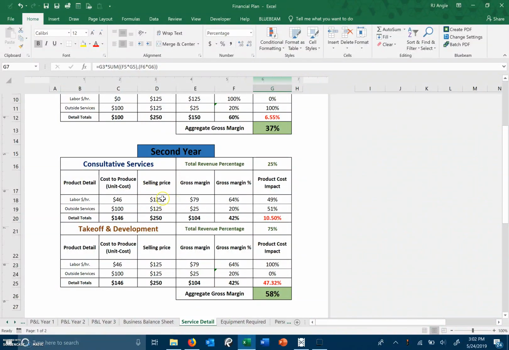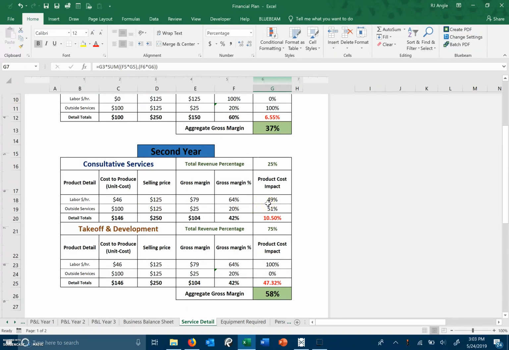And if I have a selling price still of $125, because whether I'm outsourcing that or providing that in-house, I have a unit sell price of $125. That gives me 64% gross profit margin on that. However, only 49% of what it is that I'm selling in my second year during the consultative services revenue source is coming from in-house labor. 51% of that is still being outsourced.